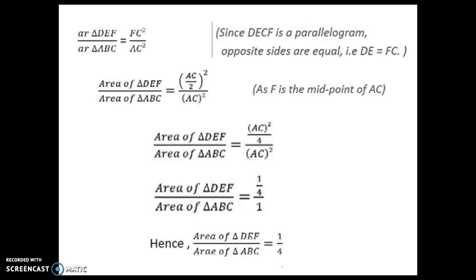So the area ratio is equal to the square of the corresponding sides. After that, you take any one side and you have to remove the variable and bring one number. So instead of one side we replace it with another. That's why instead of FC we replaced it with AC by 2. This is how we got the answer.